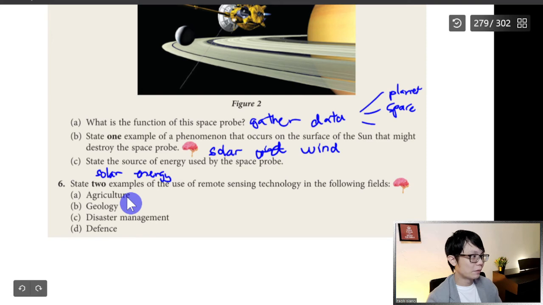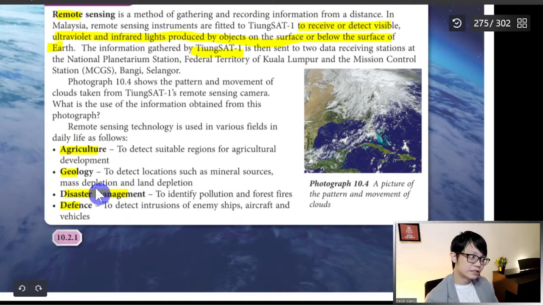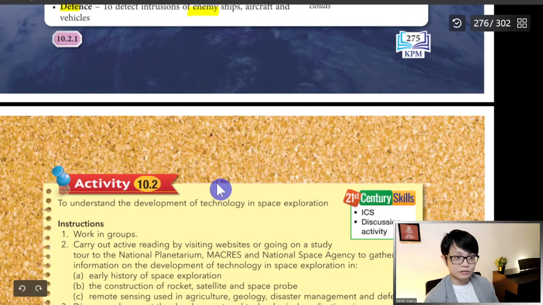For geology we can see the oil to know the resource, the gas, the land depletion. For disaster management, maybe we can find where is the pollution, where is the fire. And for defense, maybe we can detect enemy craft, enemy missiles, nuclear tests, and so on. So the answer is here.